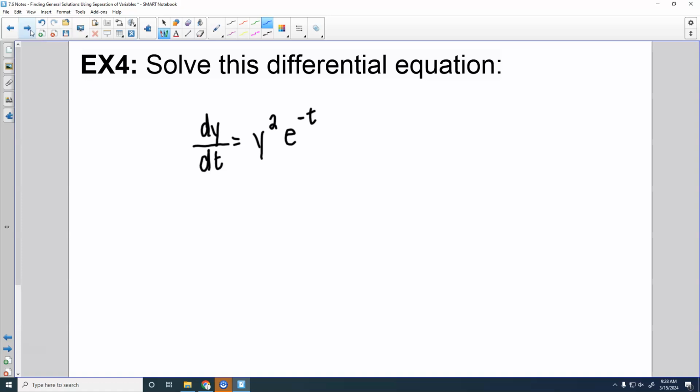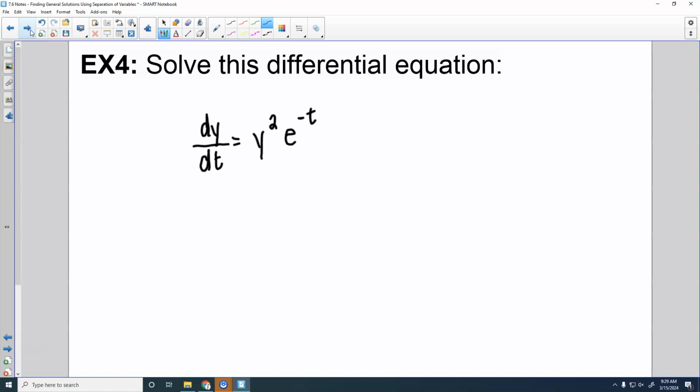All right. Let's look at example 4. So we got dy over dt equals y squared e to the negative t. We need to separate variables first thing.